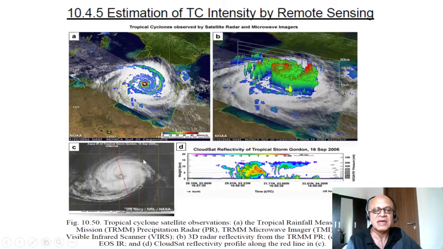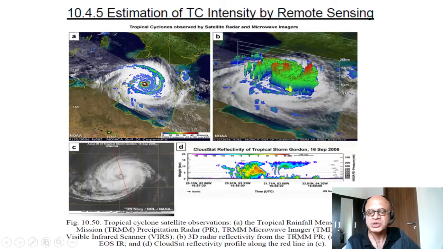So here are some examples. Tropical cyclone satellite observations from the Tropical Rainfall Measurement Mission Precipitation Radar, which that mission is now morphed into something called GPM, Global Precipitation Mission.